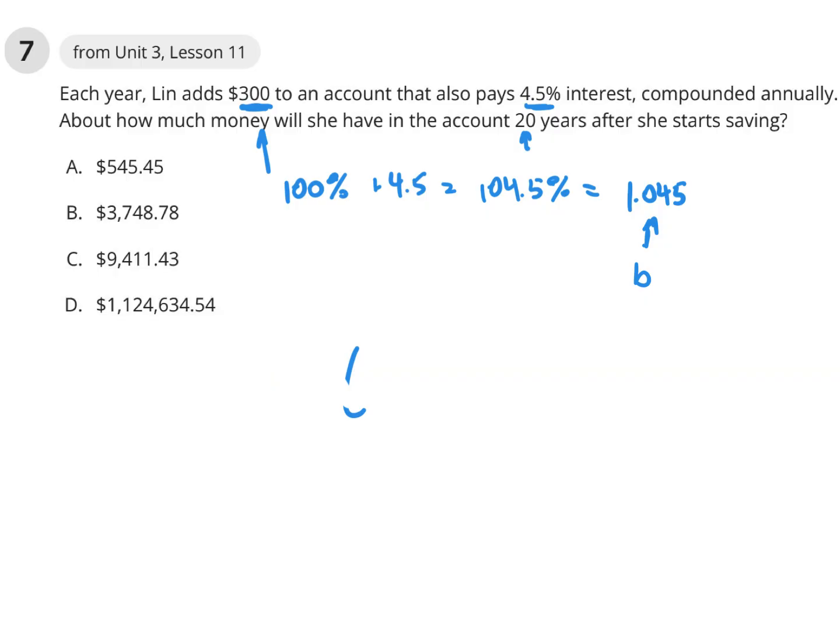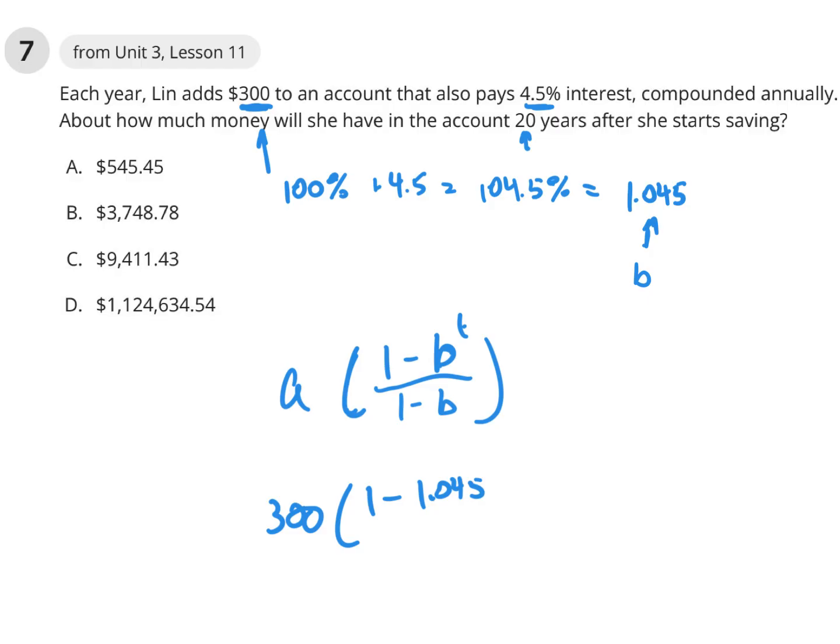It is A times 1 minus your rate, your B, to the time, over 1 minus B. Okay, so sticking our numbers in, we get 300 times 1 minus 1.045 to the 20, divided by 1 minus 1.045.